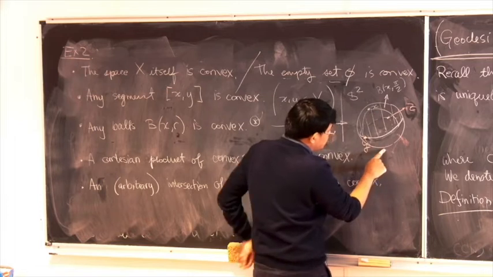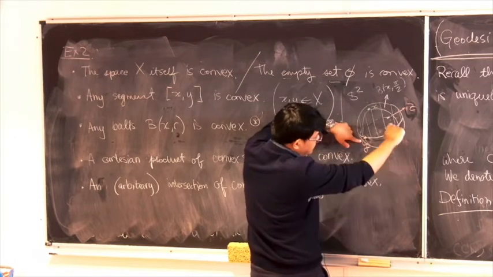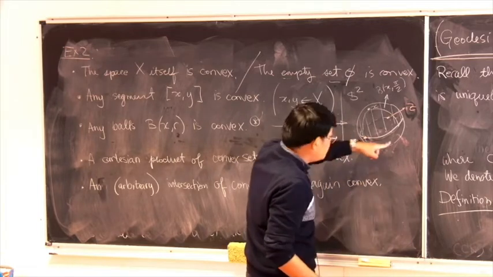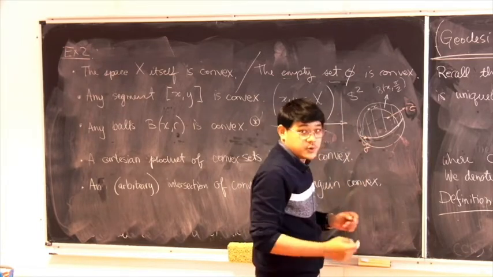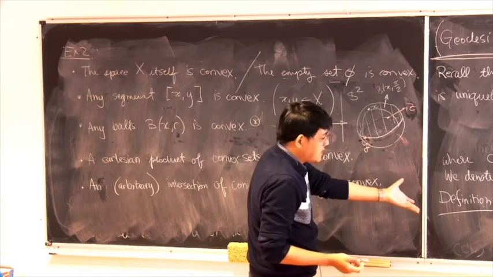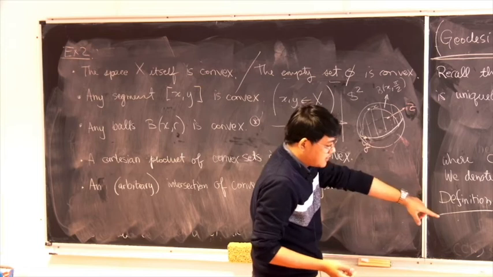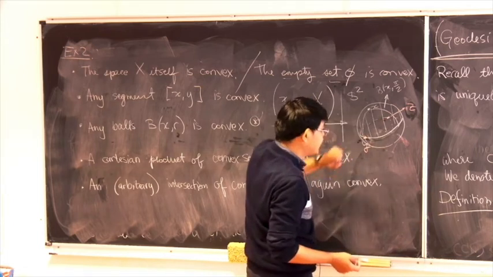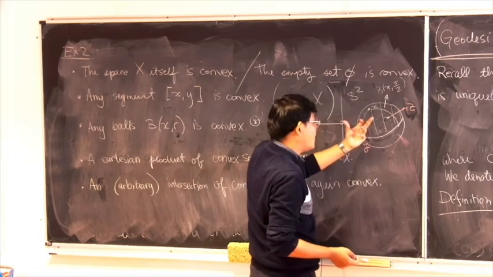If you go through like this, then this red curve is also a geodesic, and it violates the definition of convexity because we need the geodesic segment connecting 2 points in the set to lie in the set itself.